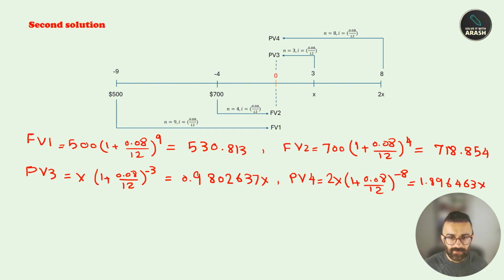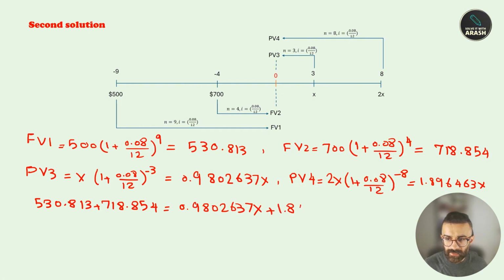Now let's substitute these values and expressions into the equation of equivalent payment streams. FV1 plus FV2 equals PV3 plus PV4. Therefore, 530.813 plus 718.854 equals 0.9802637 times x plus 1.896463 times x.